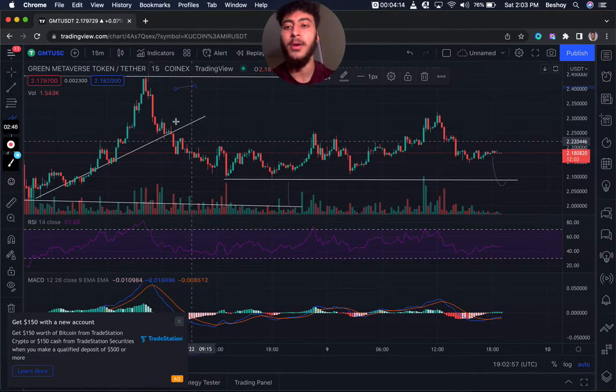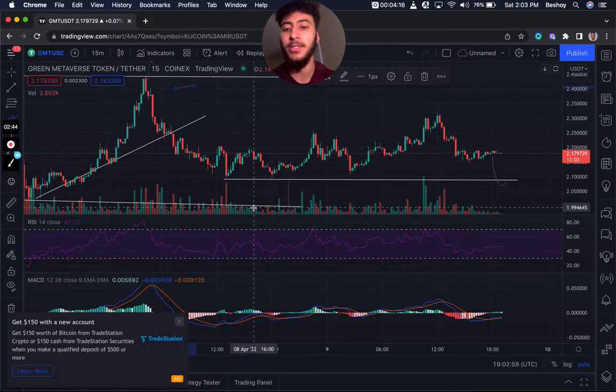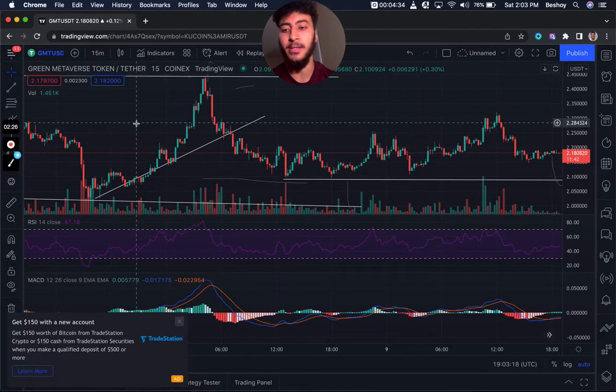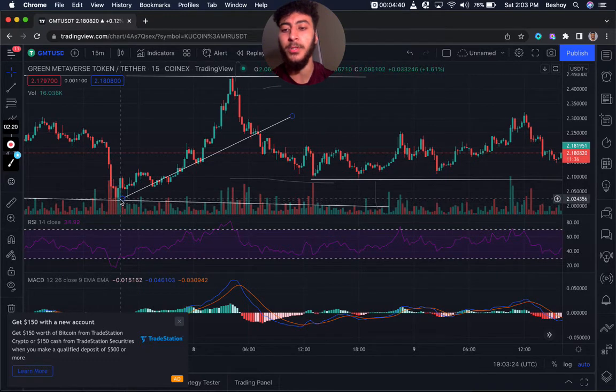Just keep in mind, we want to see price retrace back to about 2.00, and then depending on whether price is respecting these levels, and we see this bullish volume, as you can see here, at the support areas we've created before, then I believe this is going to be a great indication that you should buy into the project, if you did your research. At these levels of support, we saw our volume really increasing.